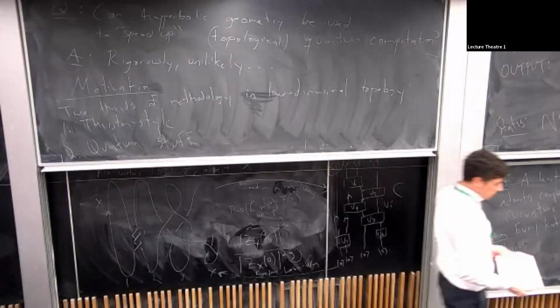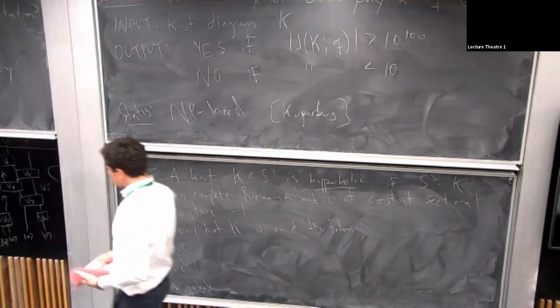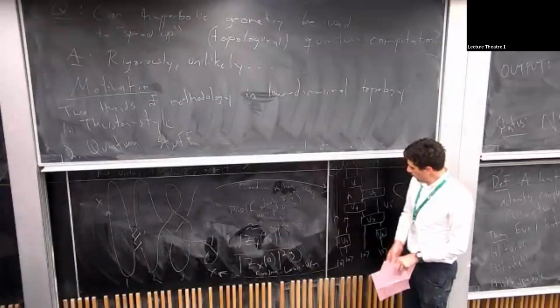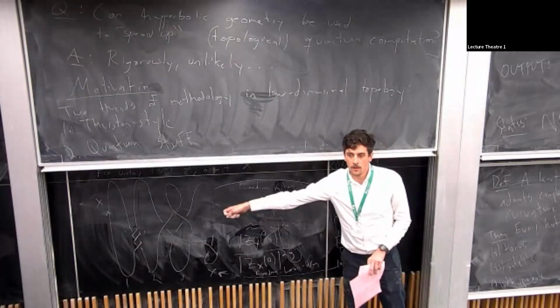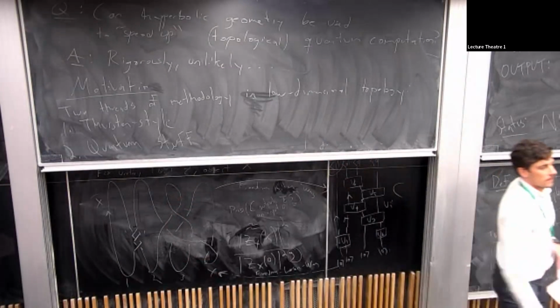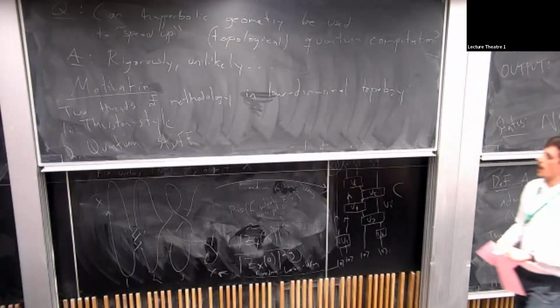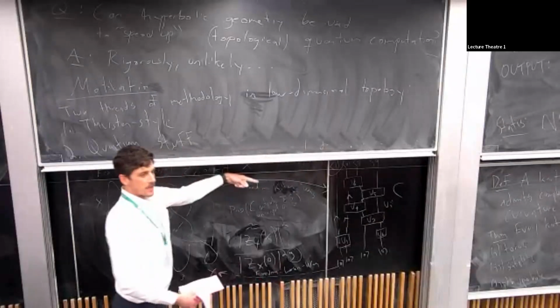So really my question is, when we go from here to here, what kind of guarantees can we make about the knots? Yeah. So maybe I was too slow, but these boxes in the circuit, they correspond to the crossings in the knot diagram? Yeah, roughly. Certainly, that's the intuition.